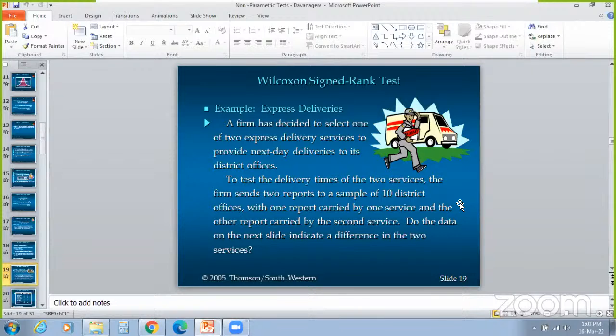To test the delivery times taken by these two services, the firm sent two reports to a sample of 10 district offices, with one report carried by one service and the other by the second service. Now the question is, do the data on the next slide indicate any difference in the two services?